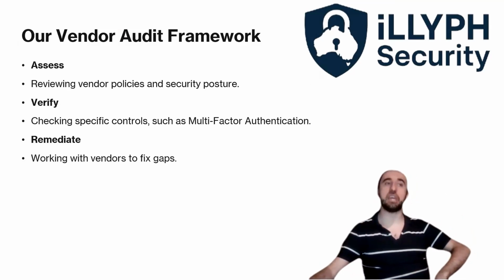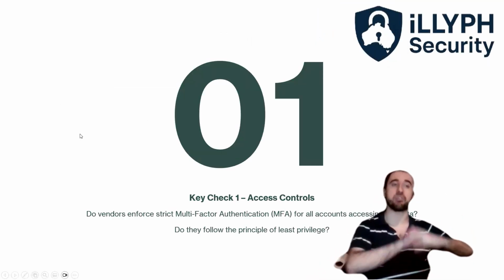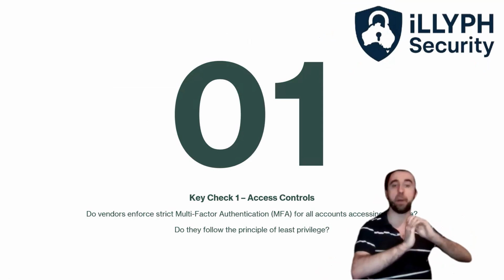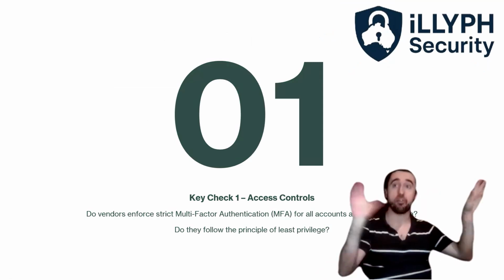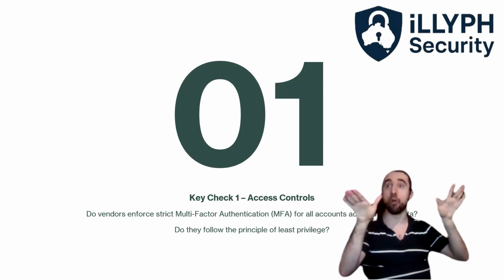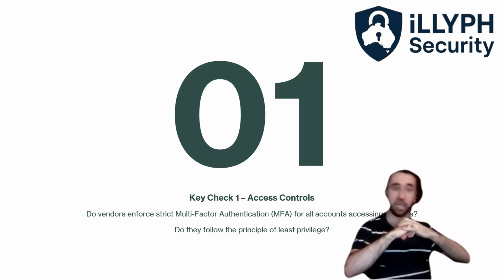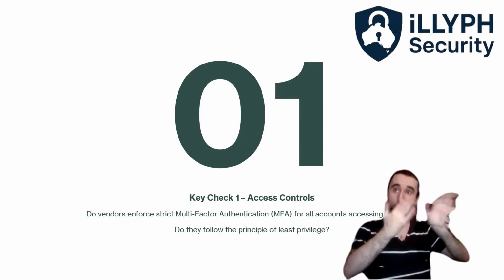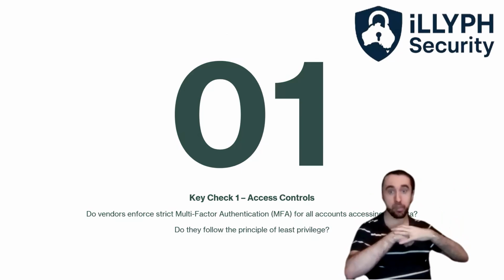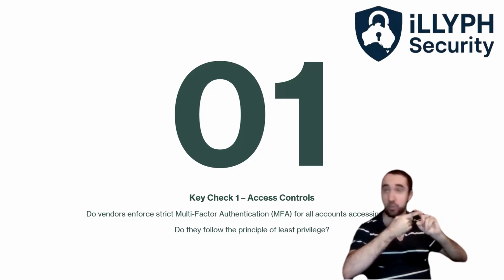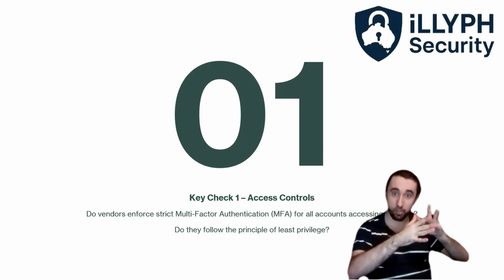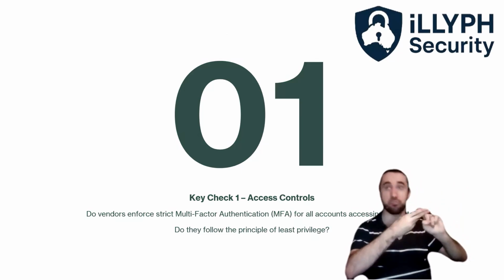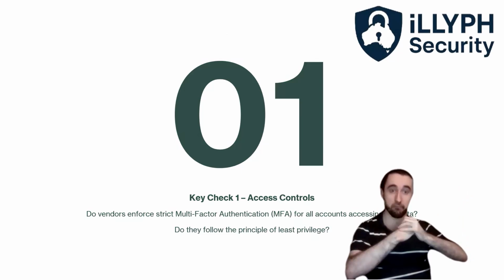So the first key check that we're going to look at is access controls. Passwords alone are no longer enough as a security measure, especially for vendors that connect to our systems or handle our information and data. We need to confirm whether the vendors use MFA, which is multi-factor authentication, for accounts that touch the network, applications, cloud services, or even business data.